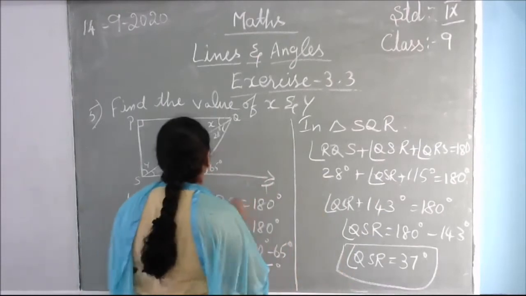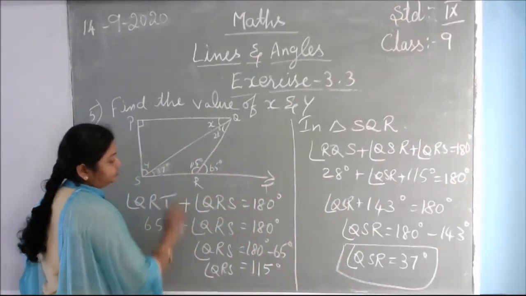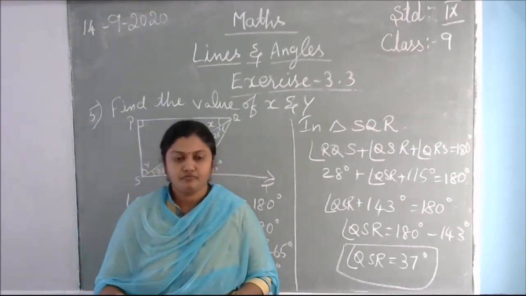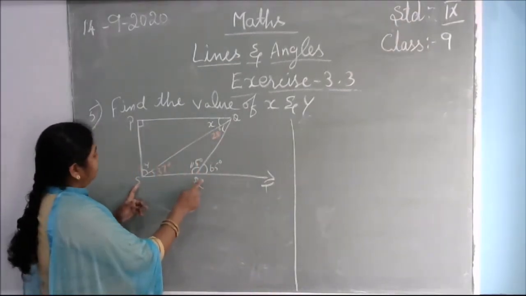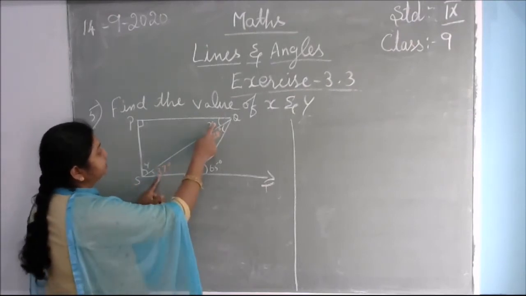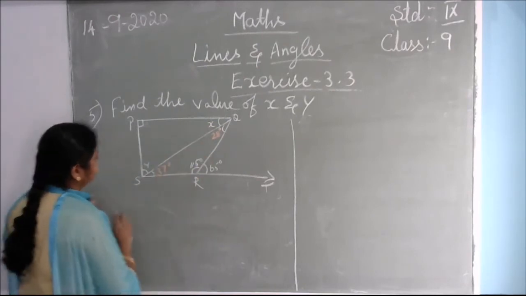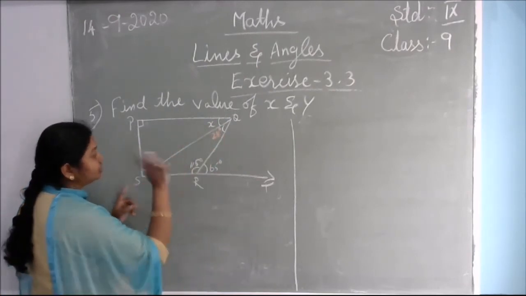So how much is this now? 37 degrees. We found RSQ is 37 degrees. No? This angle and this angle are alternate angles. So these two lines are parallel. So these two alternate angles are equal.